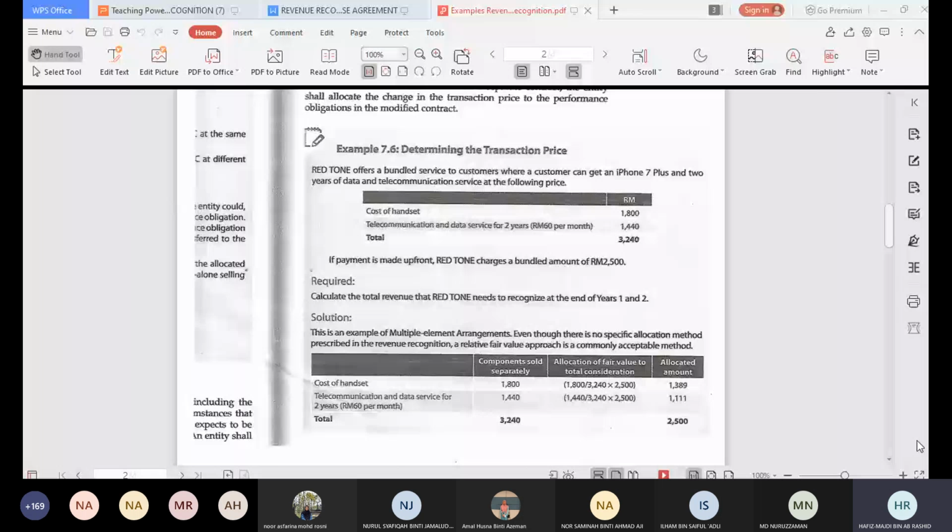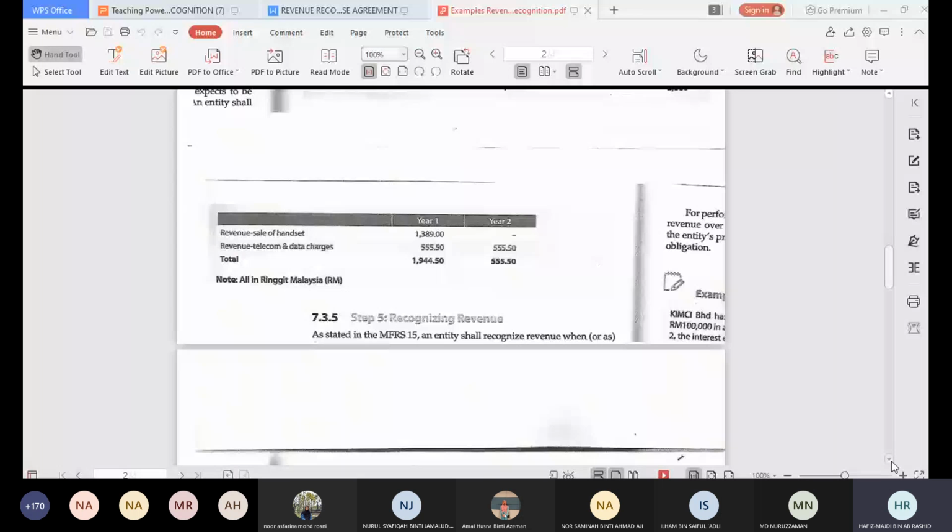Then the price related to your first obligation, to transfer the equipment to the customers, you are able to recognize once you give control of the equipment to the customers. In terms of telecommunication services, since it is for 2 years, you can divide it by two. So at the end of the first year, you will recognize the revenue for the first year, since you have satisfied your performance obligation, then you will recognize another half in the second year. That is what is shown in the next page.